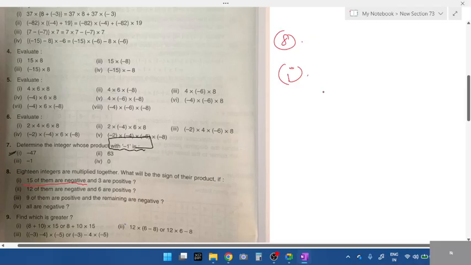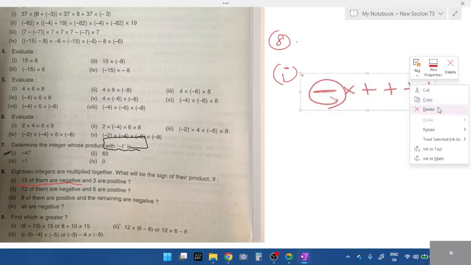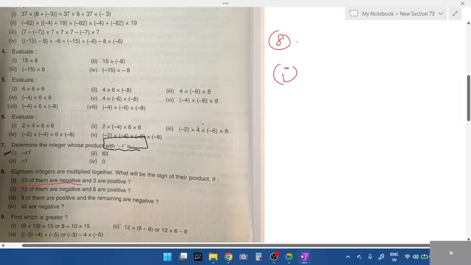If 15 negative signs are there, you'll get minus, right? So the answer is minus. And along with that, three are positive. Even if I multiply with n number of positives, this minus is not going to change. Plus doesn't matter. Just ignore whichever is positive. Take only negative and answer.